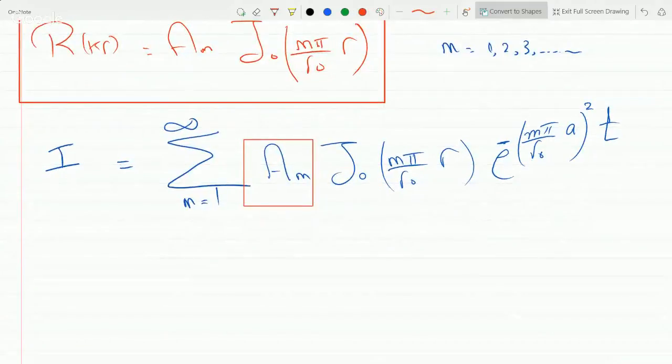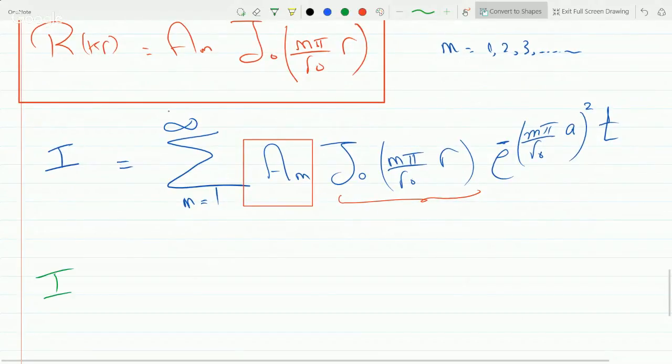Now I could turn this Bessel function into a sine term using the definition 17.4 that I just used. And I will equal, Ben, you have a question?